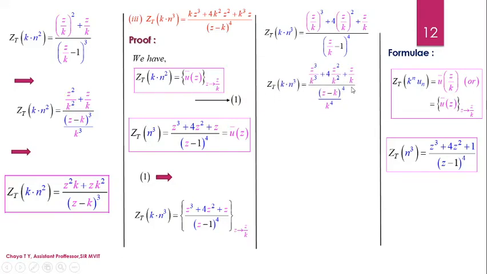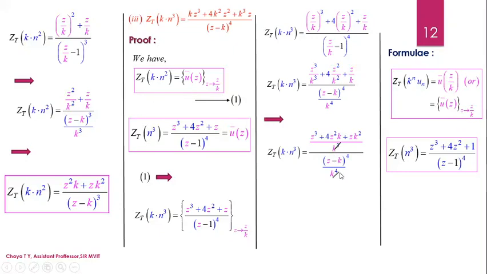Now take LCM for the numerator and denominator. In the denominator, observe that it can be written as z minus k to the power 4 divided by k to the power 4. Similarly, take LCM for the numerator. It will be k cube. So I can write the numerator terms as z cube plus 4z squared k plus z k squared, divided by k cube, whole divided by z minus k to the power 4 divided by k to the power 4.